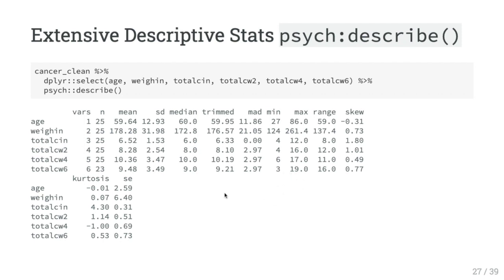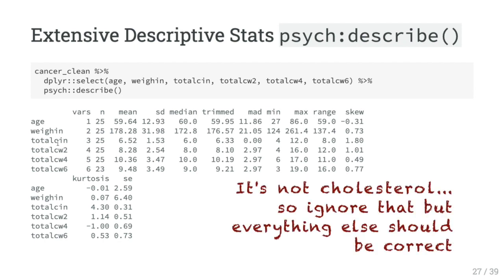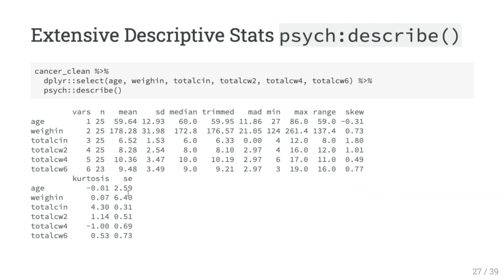So glancing at this data, you can see total C weigh-in. So this is, I think, cholesterol at intake. It is approaching problematic skew, and it has a problematic kurtosis.